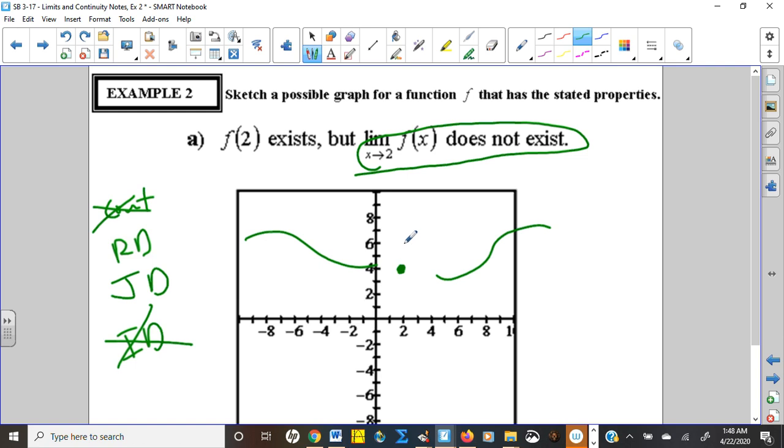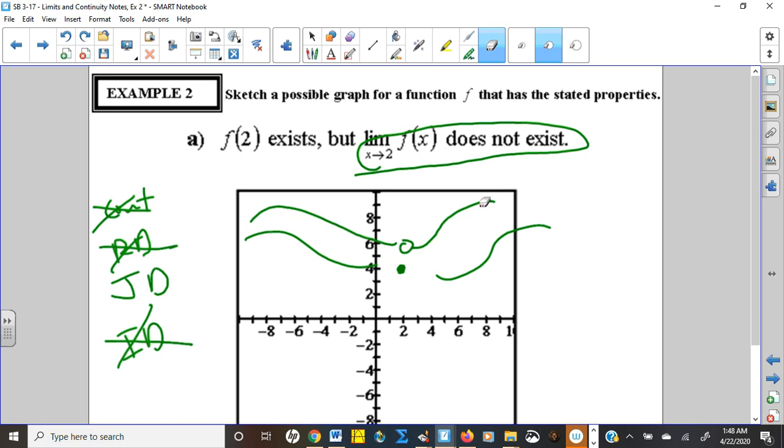Even if this point was a hole, the limit from both sides approaches that hole. That's why it's just a little hole and not a jump. And so that's out. Okay. So all that's going to be left for us is a jump discontinuity. That is all. And they don't give you any more specific information. That's it. So you just have to sketch a jump discontinuity with this parameter.